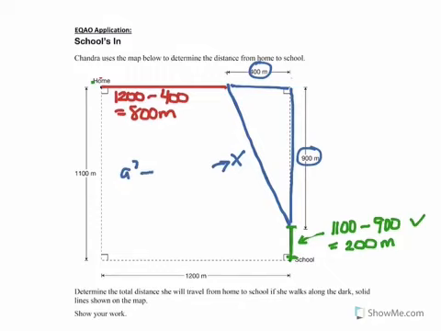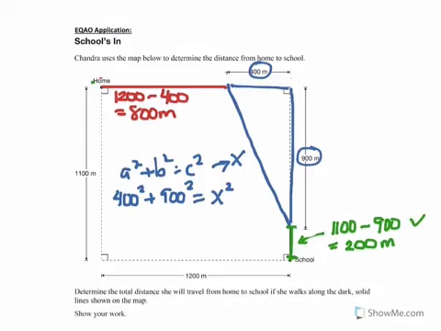a squared plus b squared equals c squared. So the two shorter sides, 400 squared plus 900 squared equals c squared. Now I'm going to put x instead of my c. Okay, and what I'm going to do is I'm going to do the squares first.